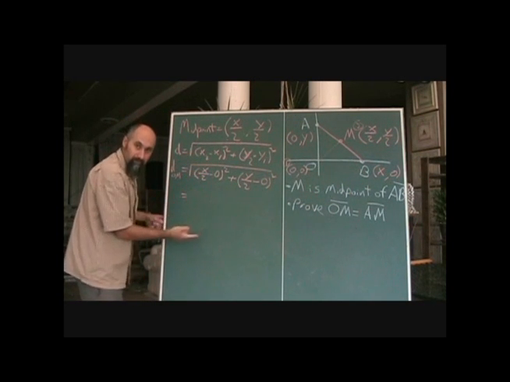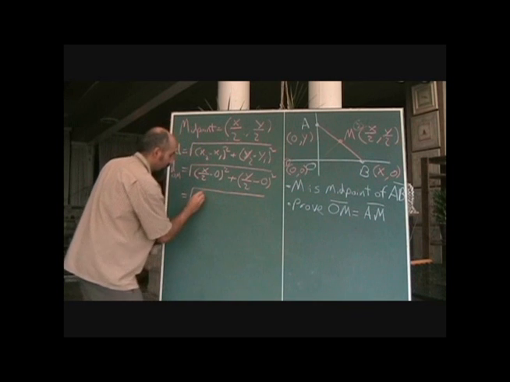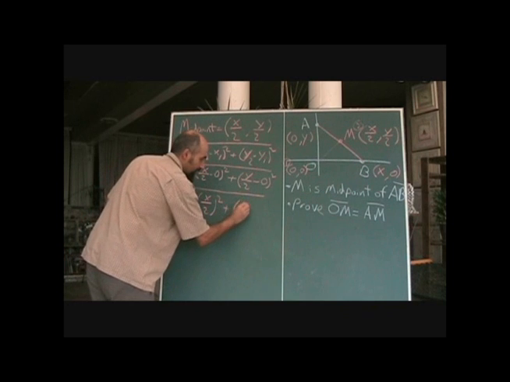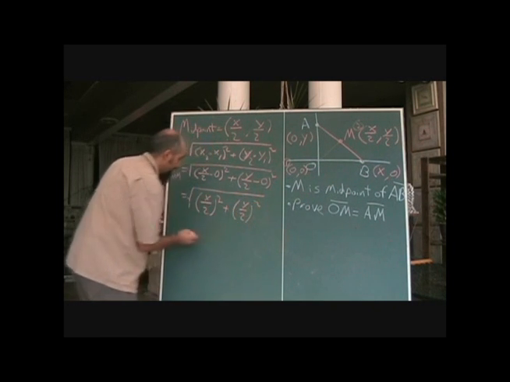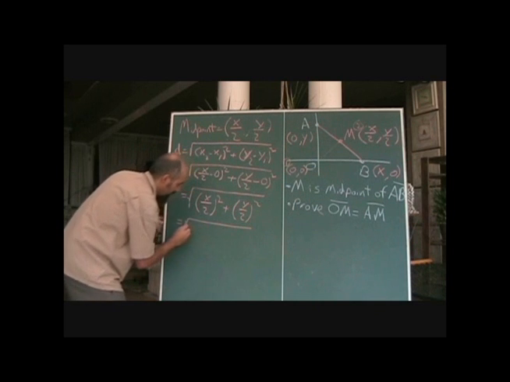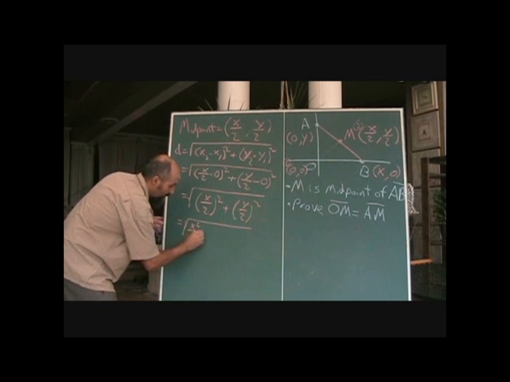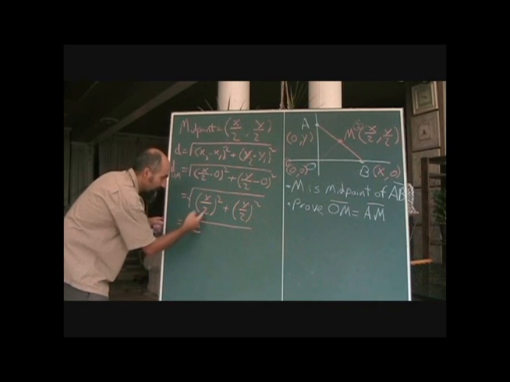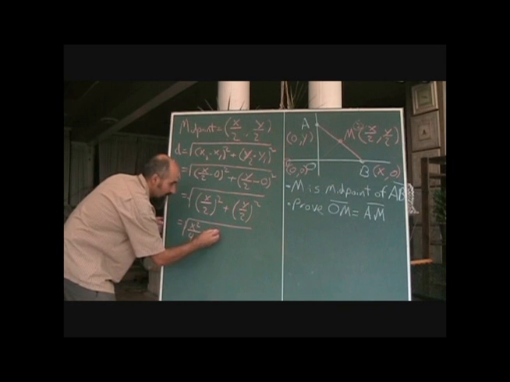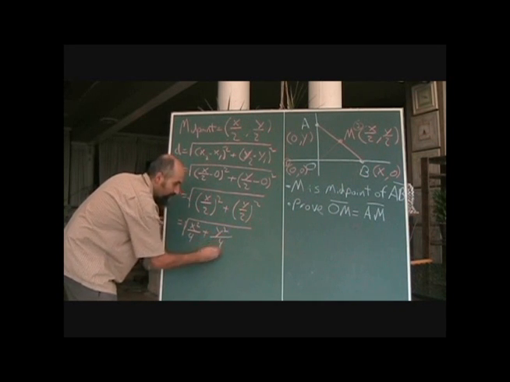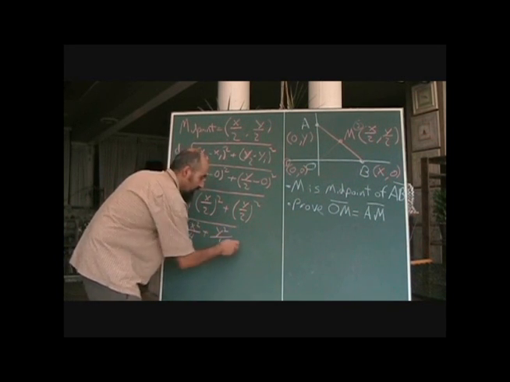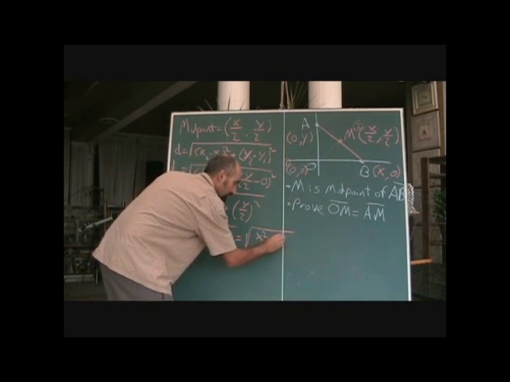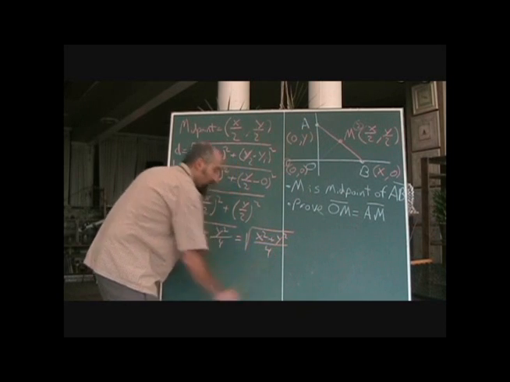Don't mess up your formulas. Now, x over 2 minus 0 is just x over 2, so this becomes the square root of (x over 2) squared plus (y over 2) squared. When you do squares, the exponent applies to both the numerator and the denominator. So that becomes x squared over 4, since 2 squared is 4, plus y squared over 4. You can simply write this as the square root of (x squared plus y squared) over 4.